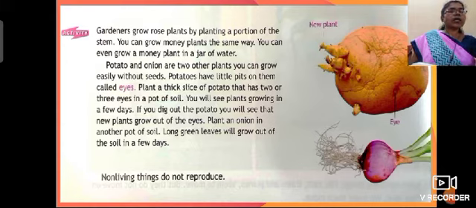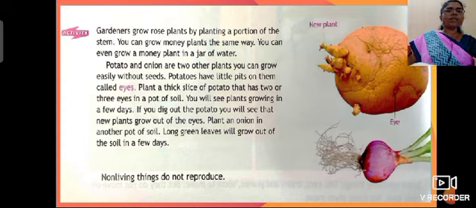Plant an onion in another pot of soil. Then long green leaves will grow out of the soil in a few days, and you can put those long leaves in your fried rice or vegetable fries. It will be very tasty.